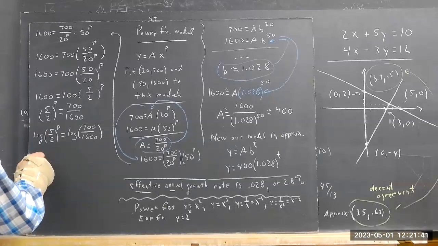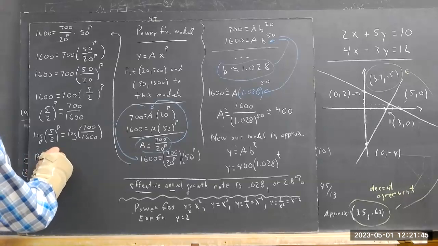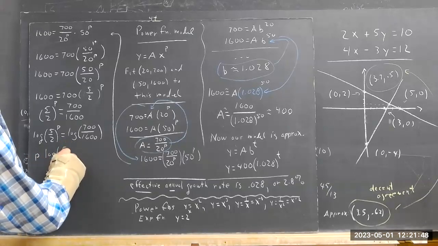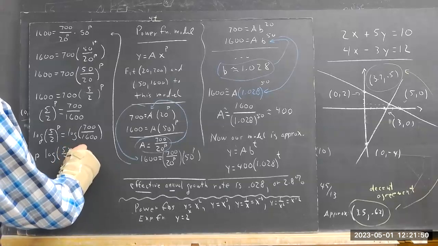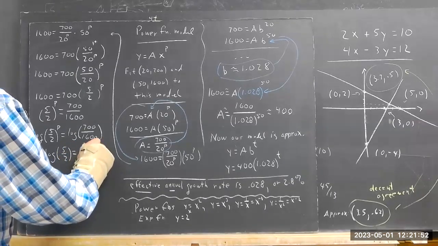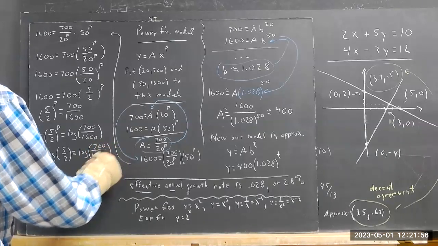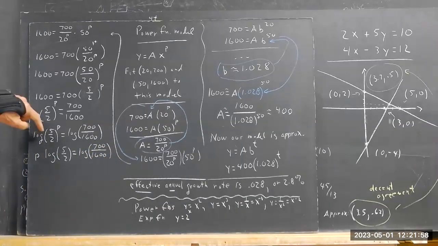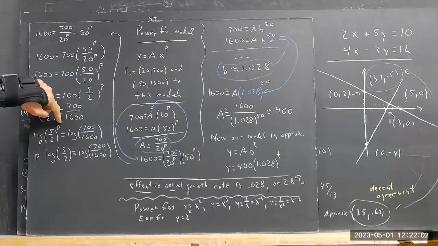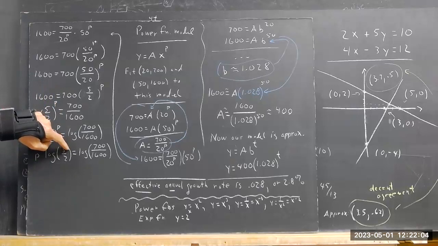One of the rules for logarithms you might recognize: the log of a quantity to a power is equal to the power times the log of that quantity.